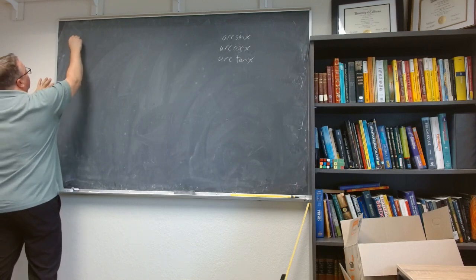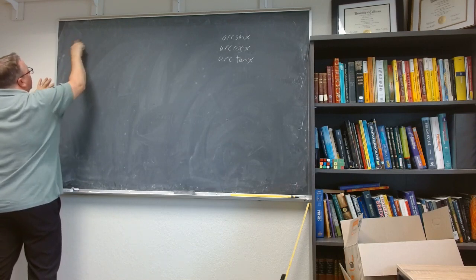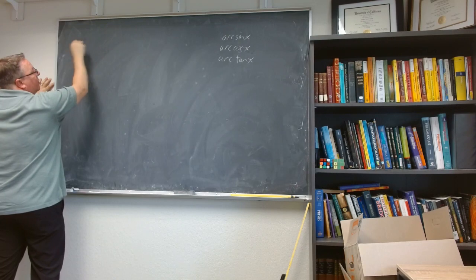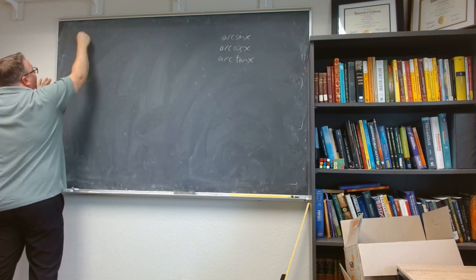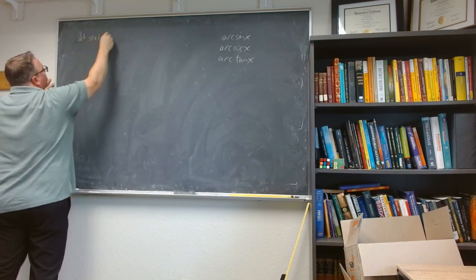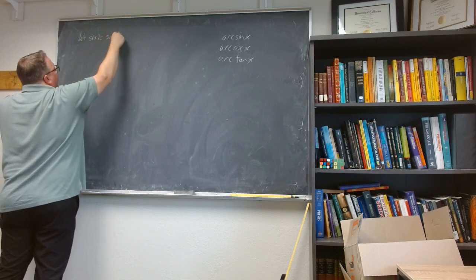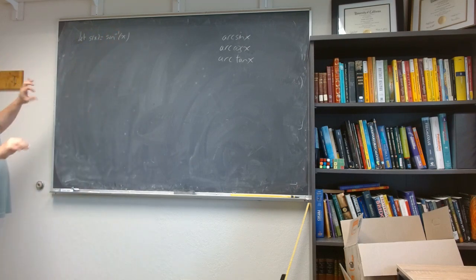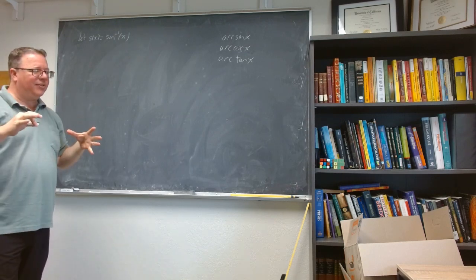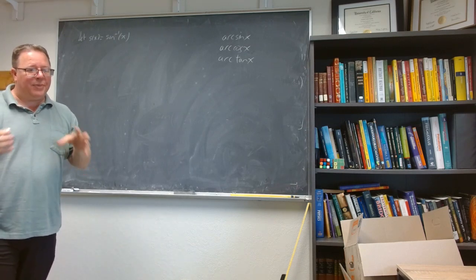So suppose we do the following. We're going to let s of x be arc sine of x. We're just going to call it s of x right now, because when we write sine inverse of x, we want to do math with it. But it's not helpful here.